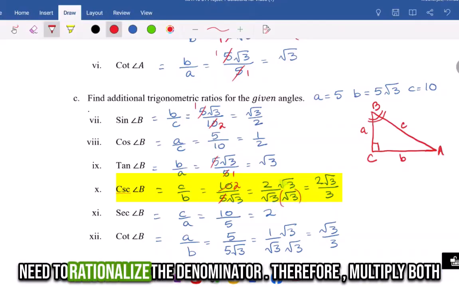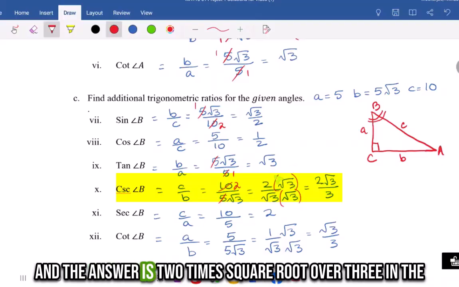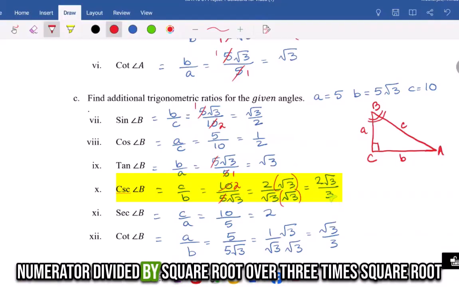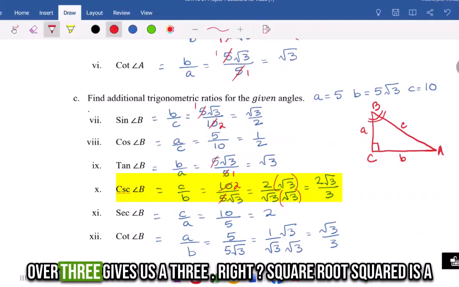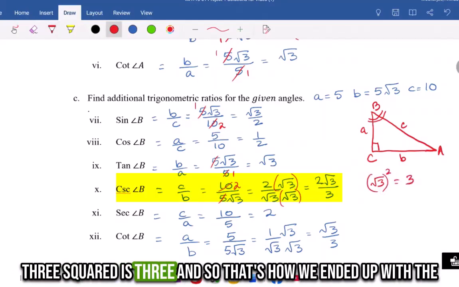However, we need to rationalize the denominator, therefore multiply both the numerator and the denominator by square root over 3, and the answer is 2 times square root over 3 in the numerator divided by square root over 3 times square root over 3, which gives us a 3, right? Square root over 3 squared is 3. And so that's how we ended up with the 3.